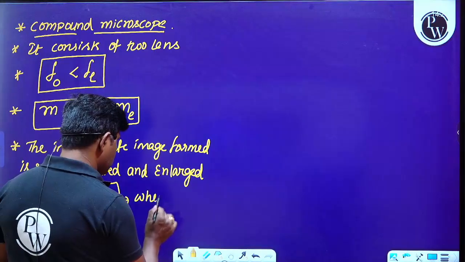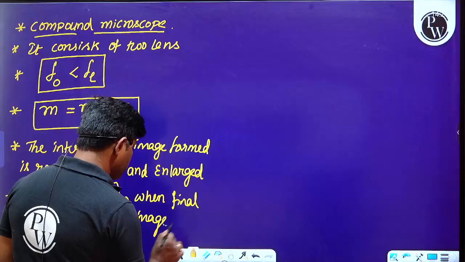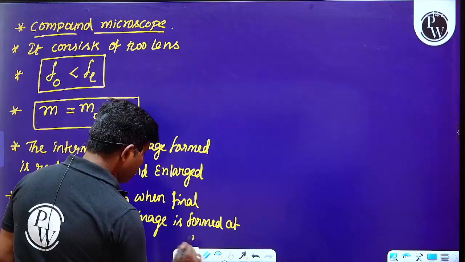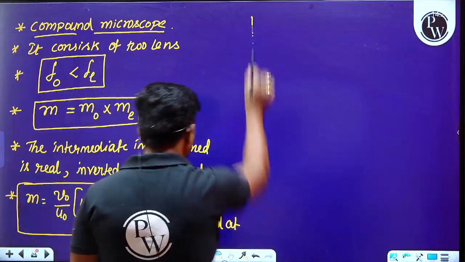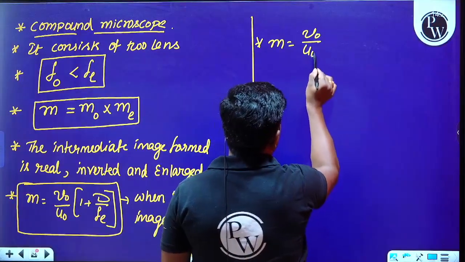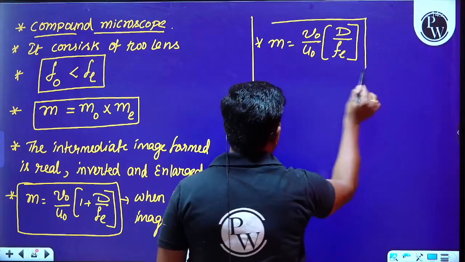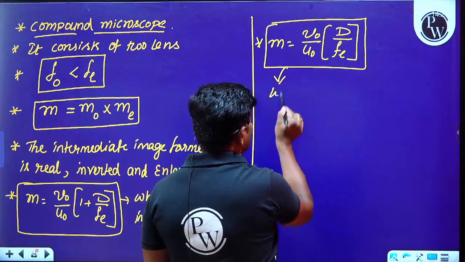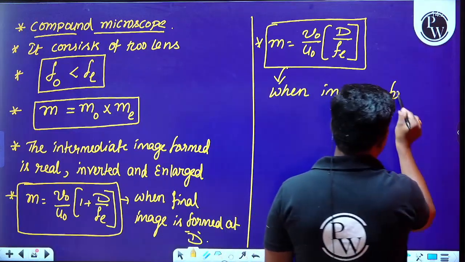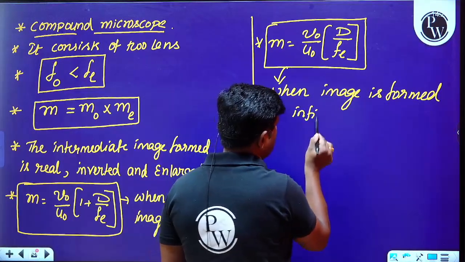When the final image is formed at capital D. And M is equal to VO by UO into D by FE when the image is formed at infinity.